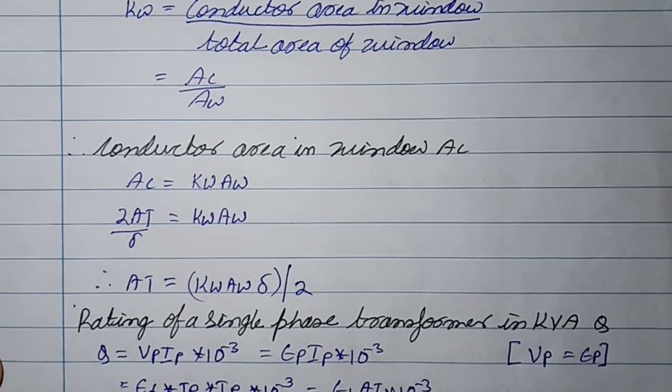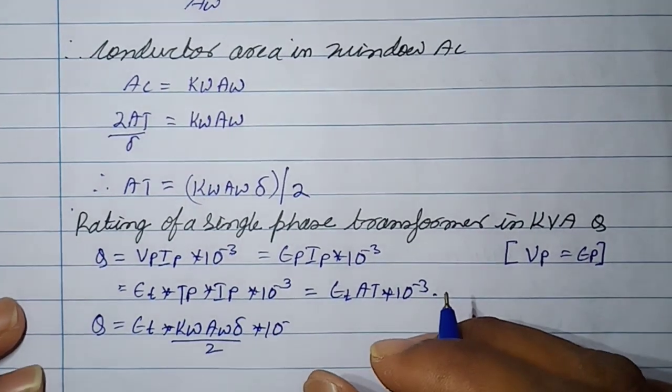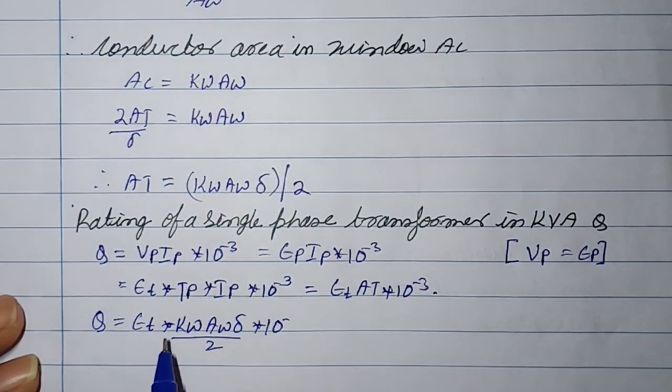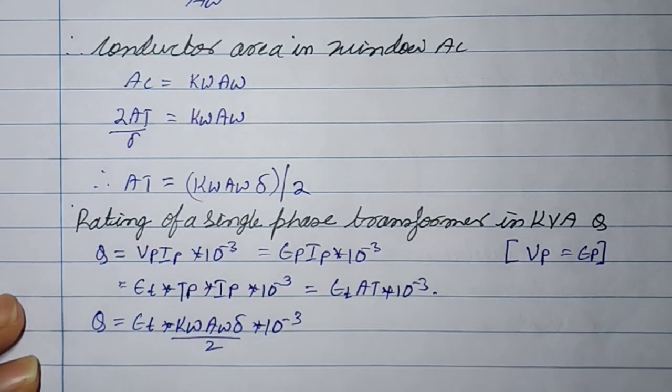So Q is equal to Et into KW AW delta by 2 into 10 raised to minus 3.